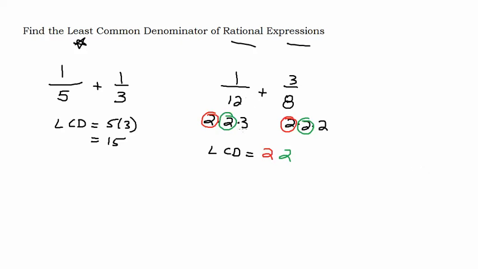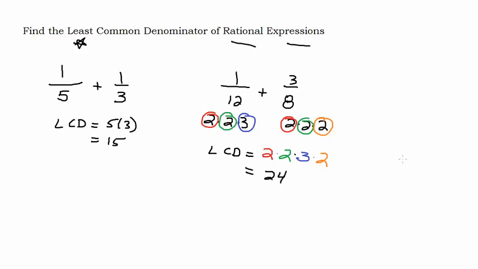The 12 has a factor of 3 left and the 8 has a factor of 2 left. So I have to have this 3 represented in my least common denominator, and I have to have this 2 represented in my least common denominator, and I multiply all those together, and I end up with 24, which makes sense, right? 8 times 3 is 24.